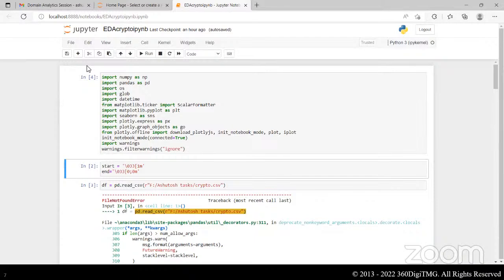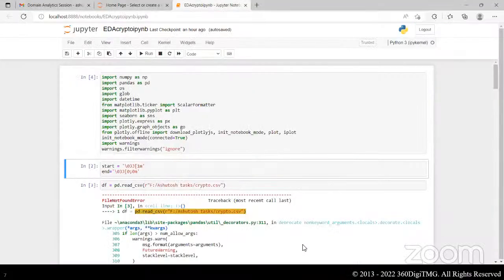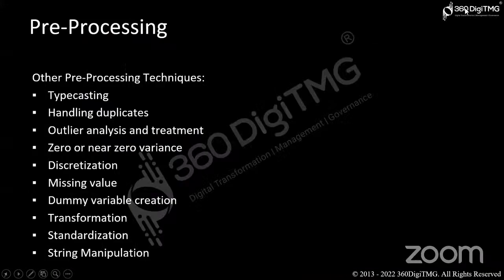So in short, in statistics, EDA is an approach of analyzing the data sets to summarize their main characteristics, often using statistical graphics and other data visualization methods.